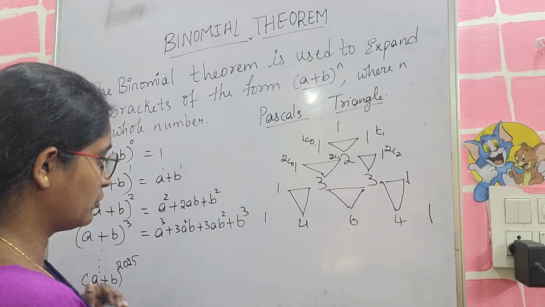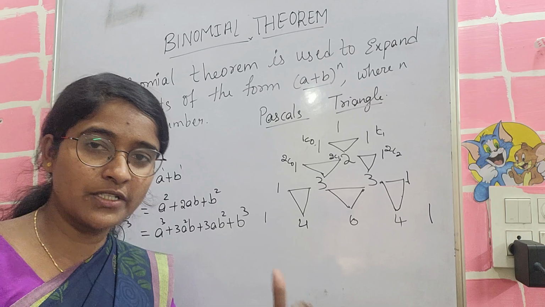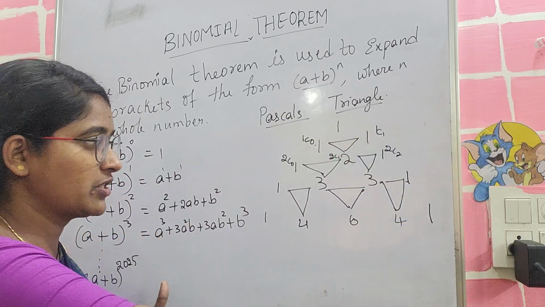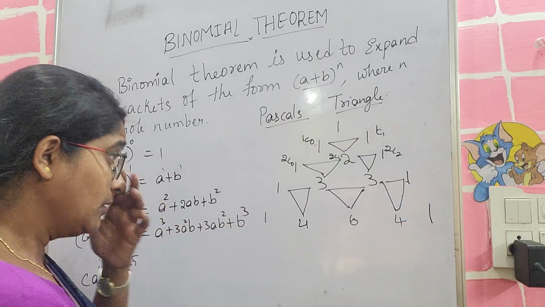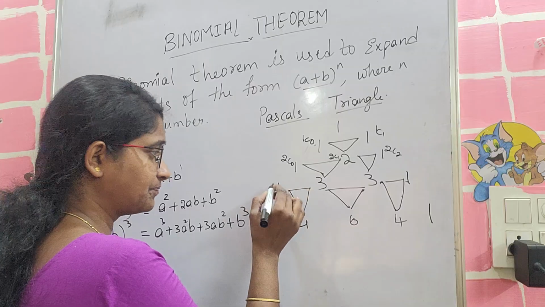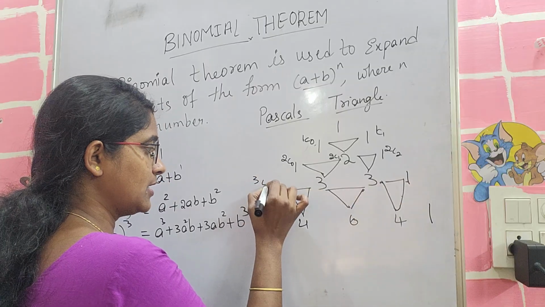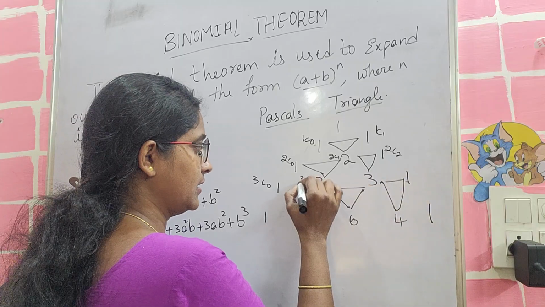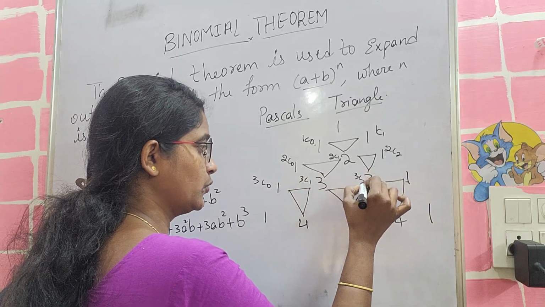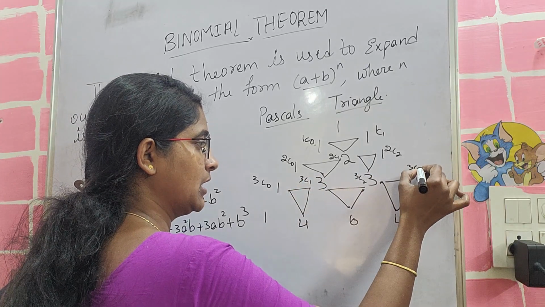Okay, so in the binomial also, the binomial coefficients for the first and the last will be the same. The next one has power 3, so I can write 3c0, 3c1, 3c2, and 3c3.